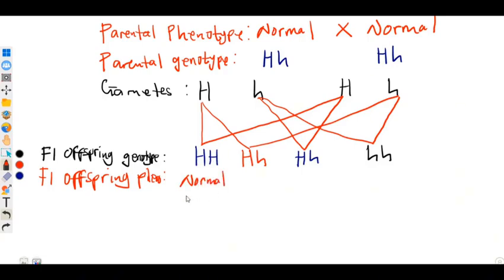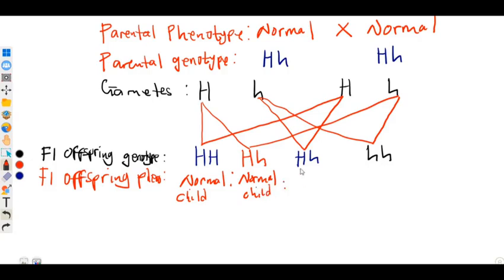So we have a normal child. Then this one is heterozygous, the dominant one and the recessive one. So this one is also a normal child who is a carrier.